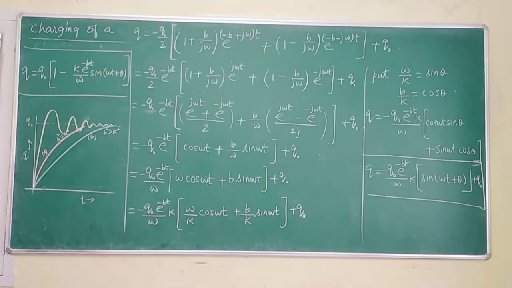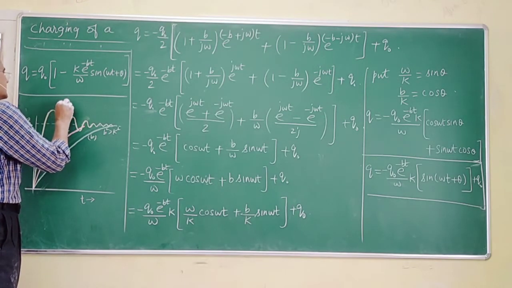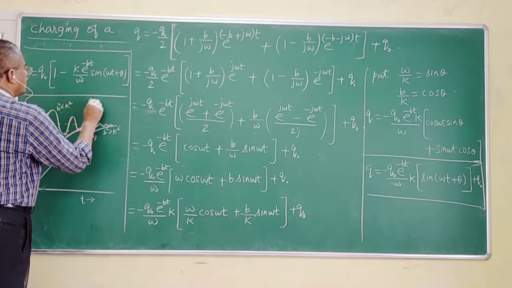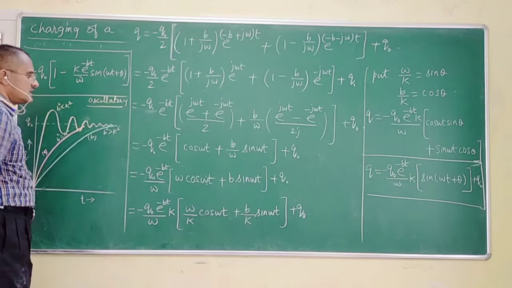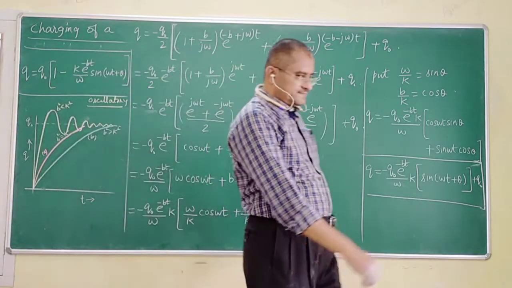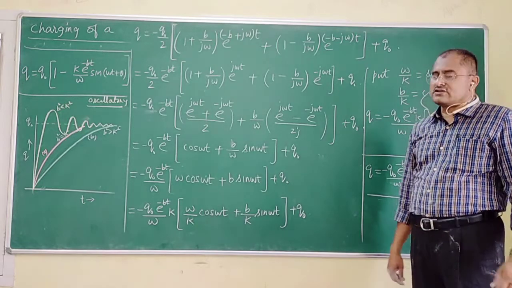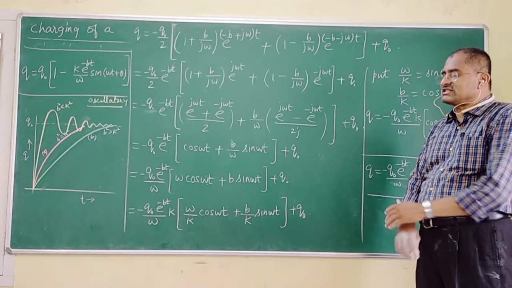And this is the case of b squared less than k squared. The discharge is oscillatory. The discharge of the capacitor is oscillatory. What decides whether the charge is oscillatory or not is definitely the values of b squared and k squared.